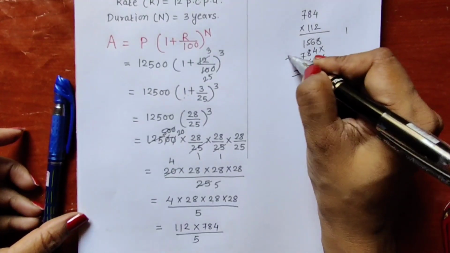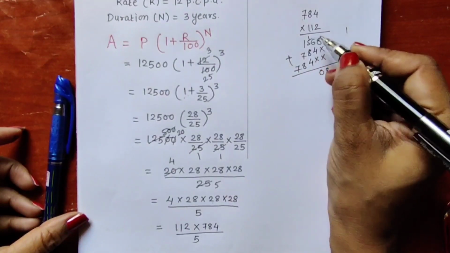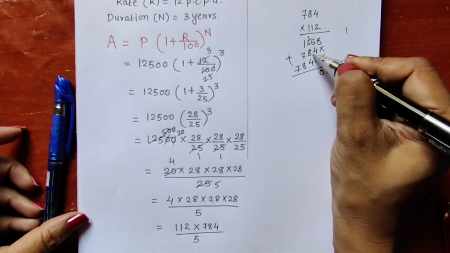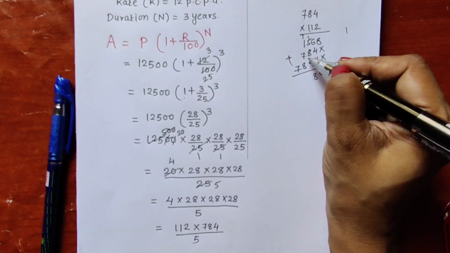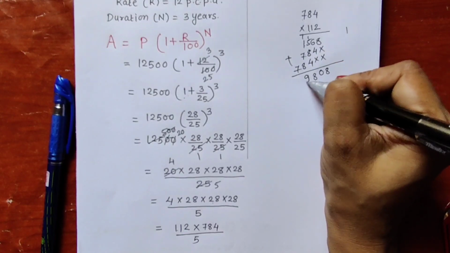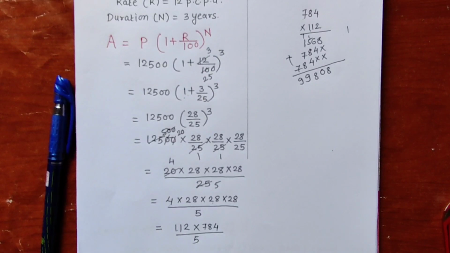Now we will add 8 as it is, 6 plus 4 10, 1 carrying, 5 plus 1 6, 6 plus 8 14, 14 plus 4 18, 1 carrying, 7 plus 1 8, 8 plus 8 16 plus 1 19, 1 carrying. Let us check our calculation once again.